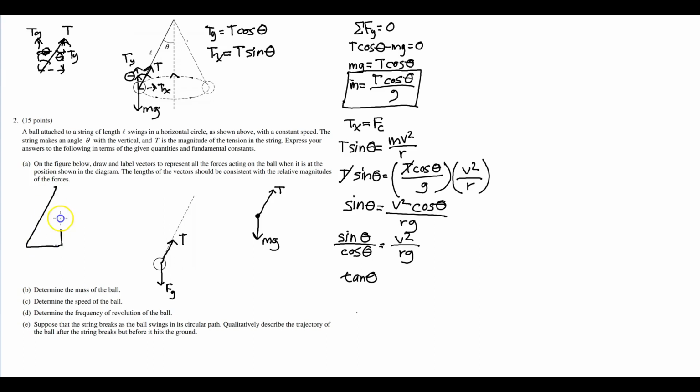Just pretend you got this right triangle, right? This is A, this is B, this is C, this is your angle theta.